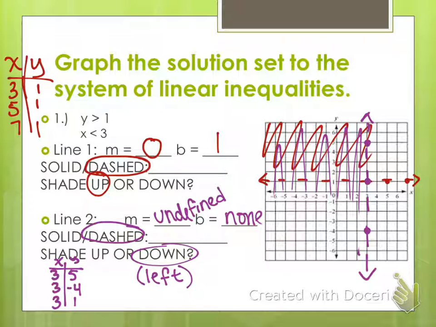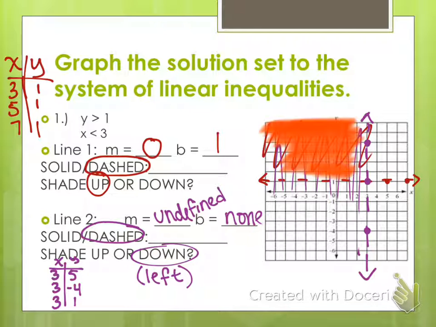Okay, if you're using just a pencil, you could also shade in where it overlaps darker. Let me see if I can. So just like shade that piece in really dark. Something to emphasize that you know that that's where it overlaps. Okay, even if you're using colored pencils, you should still go back over the overlapped part and make it darker so that I know that you know that that's your answer.